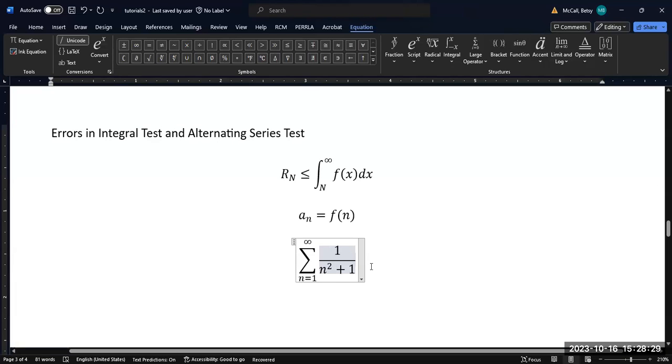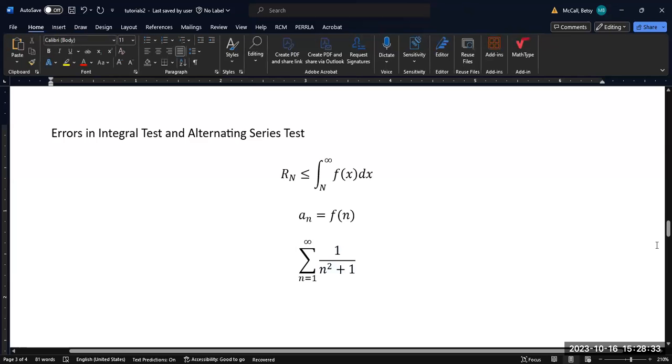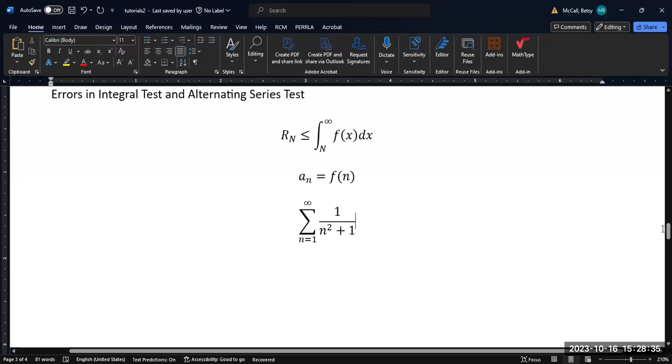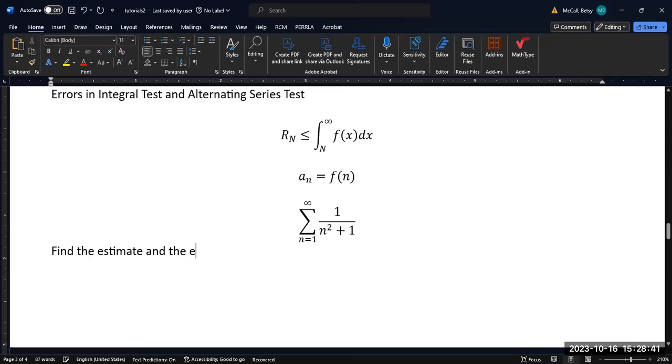And maybe I want to find the estimate and the error after calculating the first 10 terms.